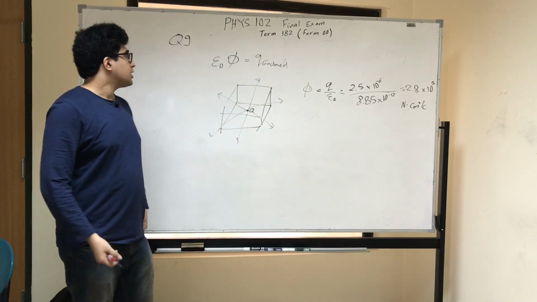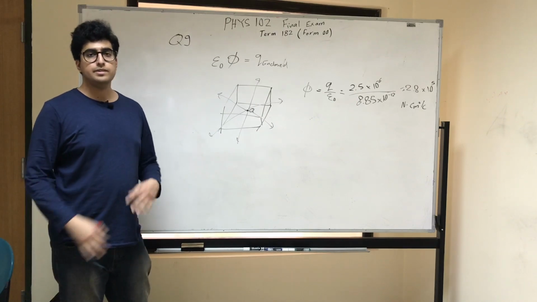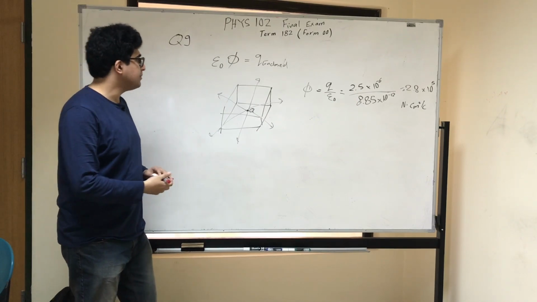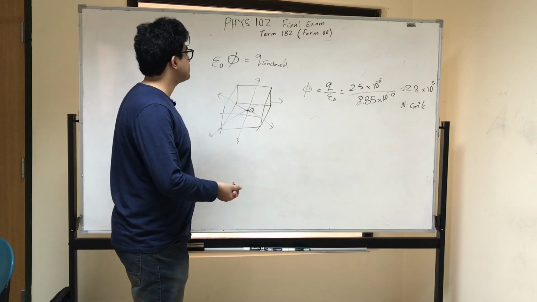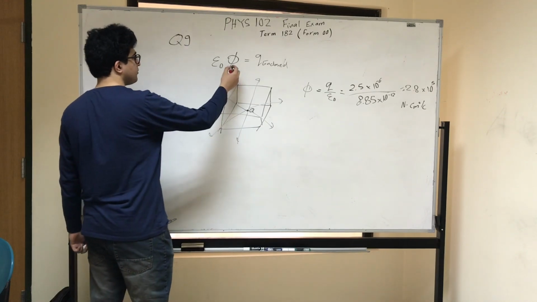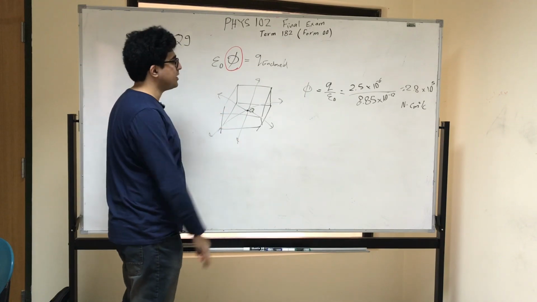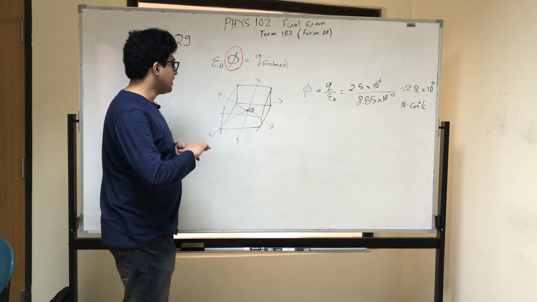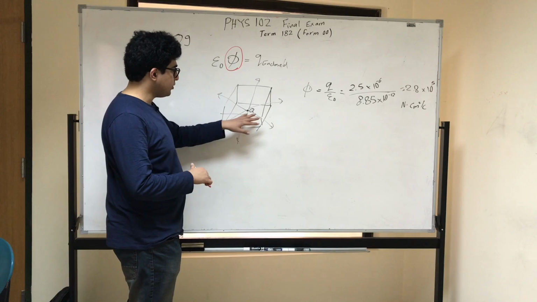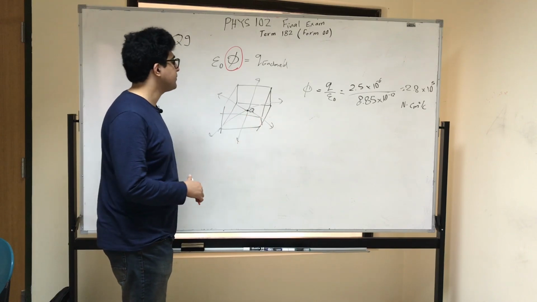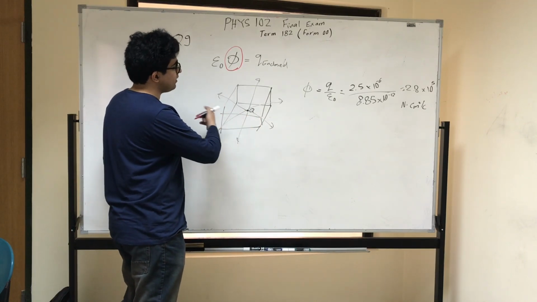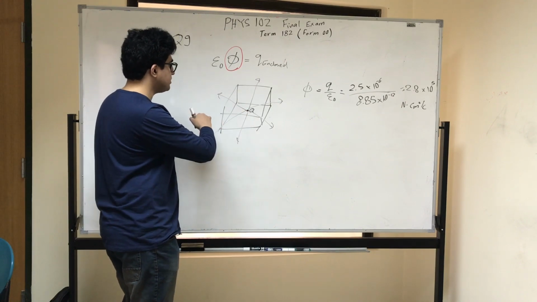All right, guys, so question number 9 is probably the easiest question in this exam. And it's asking us to solve for the electric flux. So it says that we have some imaginary cube, and inside the cube we have a charge, and we're given the value of this charge.